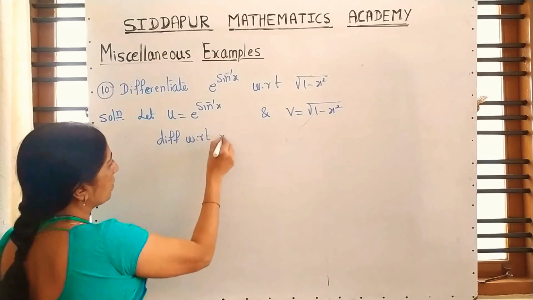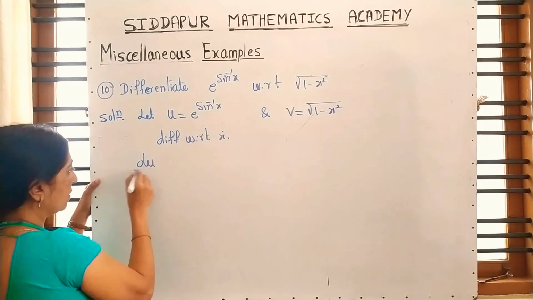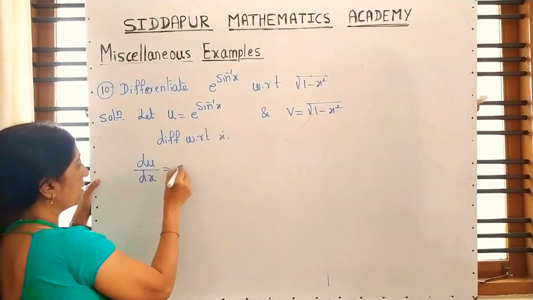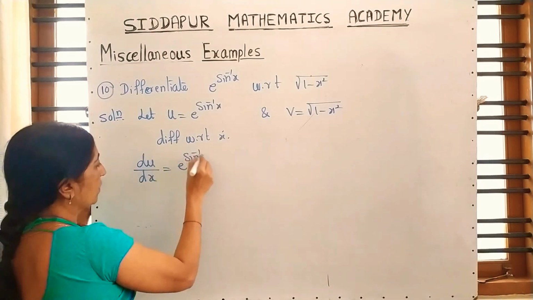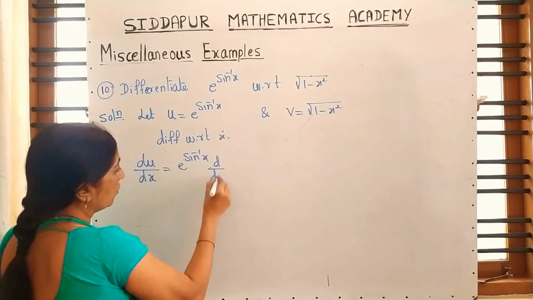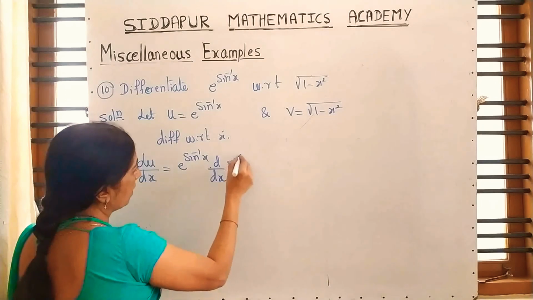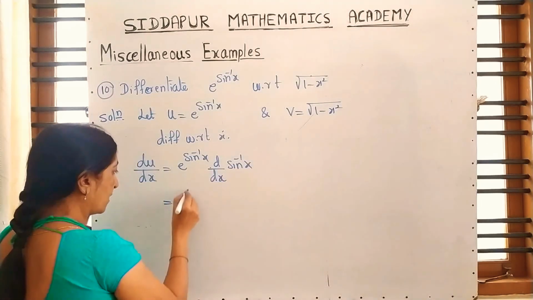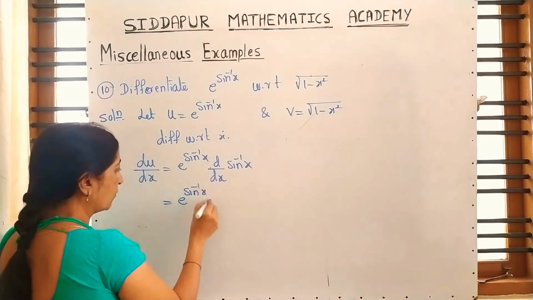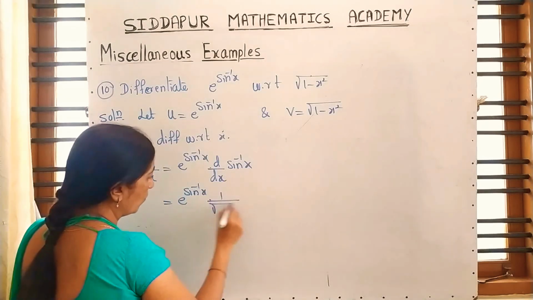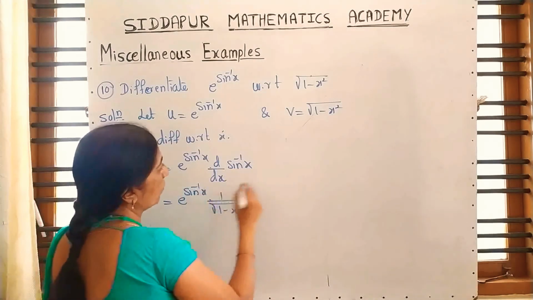Differentiate both with respect to x. du upon dx is e raised to sin inverse x into differentiation of sin inverse x. That is e raised to sin inverse x, 1 upon root of 1 minus x square.